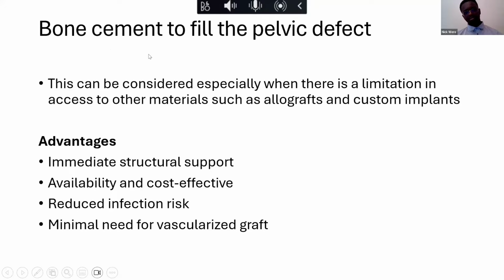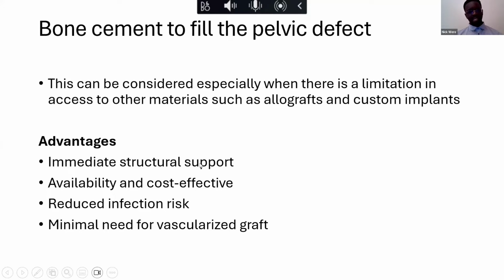So we've also thought about filling the defect with bone cement, considering that, with the health insurance, it may not be able to cater for the titanium mesh. So we have to put all options on the table.